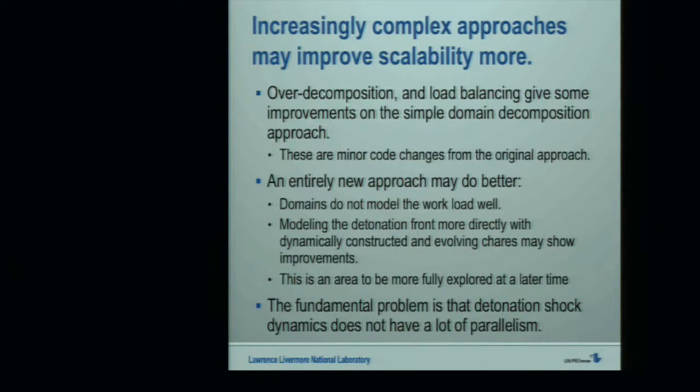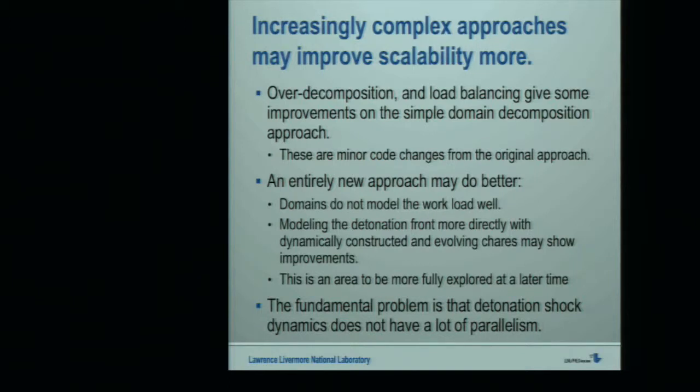What we have to work with is really the narrowband that we're modeling. And that's something that's evolving and moving in time. If you model that directly with chares that could dynamically increase their size or split apart as needed, you can imagine that might be better. Probably a lot less memory would be moved around.